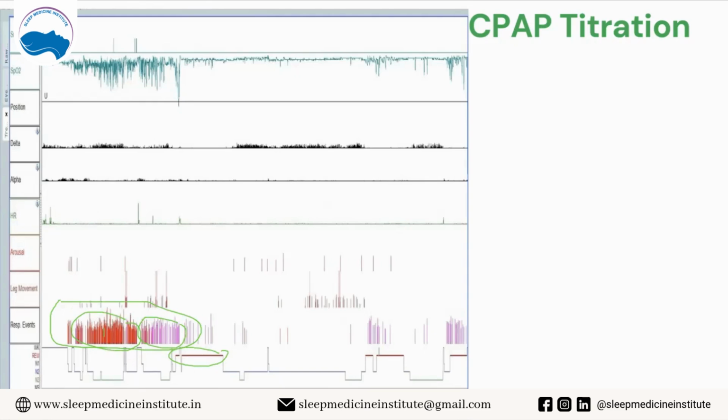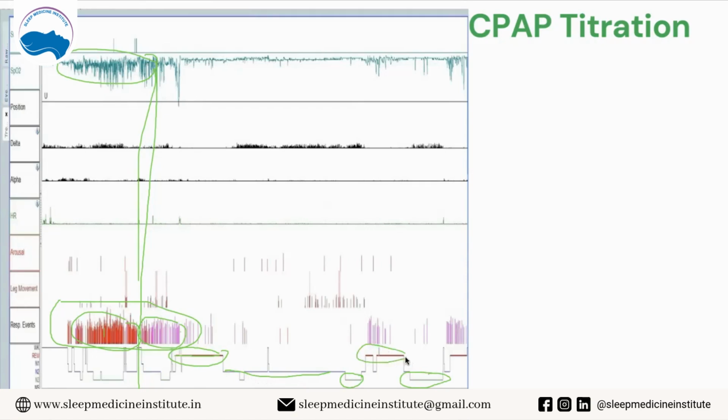This line here is telling us that this is where the PAP was initiated. Here you see a lot of desaturation, and the PAP has been started. Following this, some hypopneas appeared, but then there was a good REM sleep, and then a good stage 2 sleep, then stage 3 sleep, which appeared again and again.